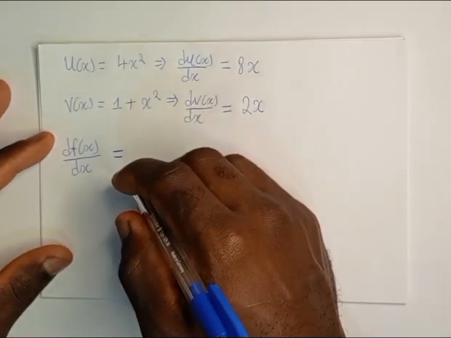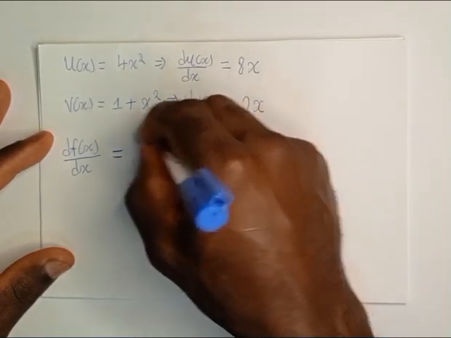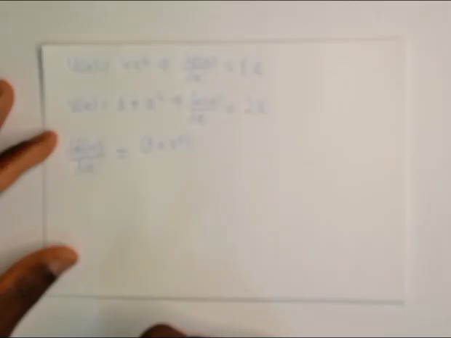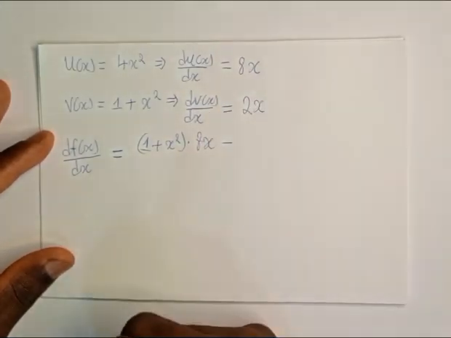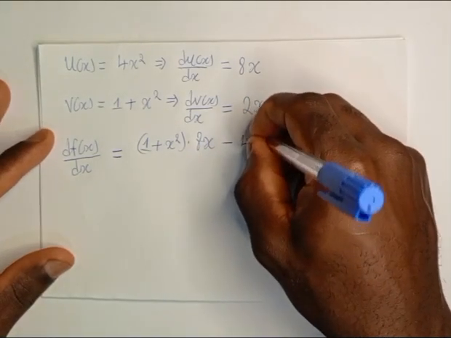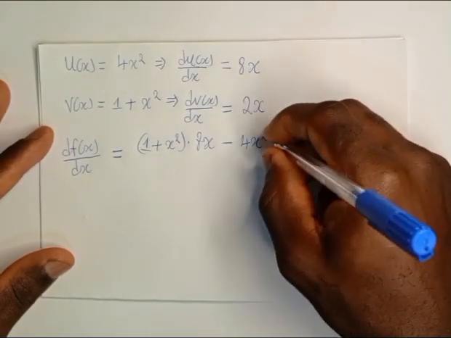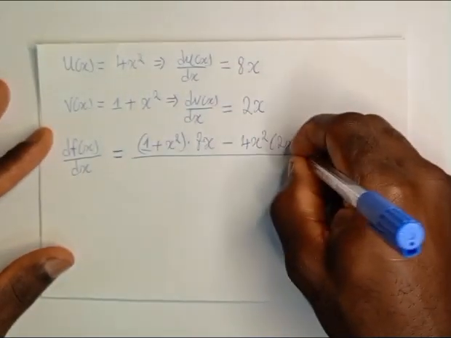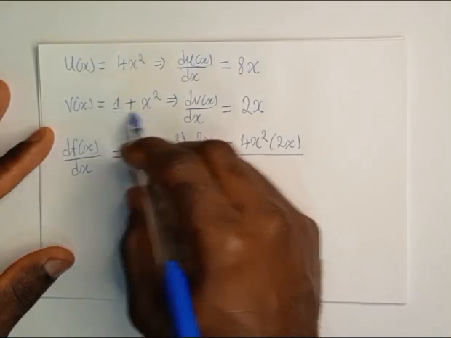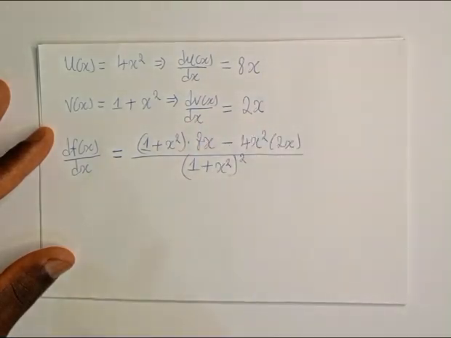This will be equal to, our v of x is 1 plus x squared times du of x over dx, which is 8x, minus u of x, which is 4x squared, times dv of x on dx, which is 2x, all over v of x squared. v of x squared, that is 1 plus x squared, all this squared.